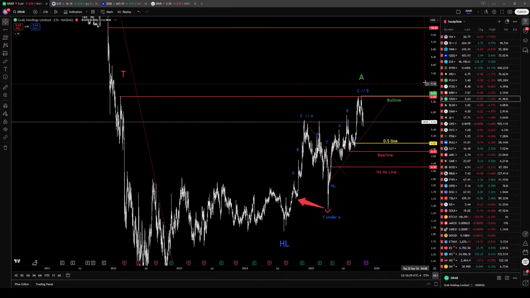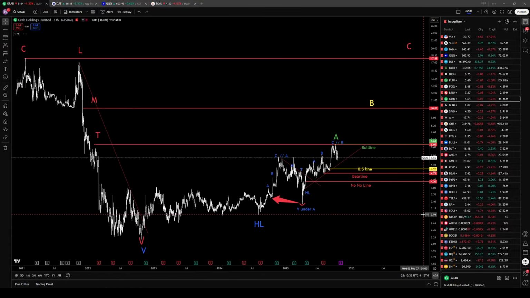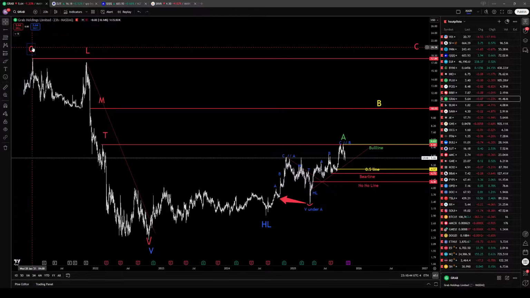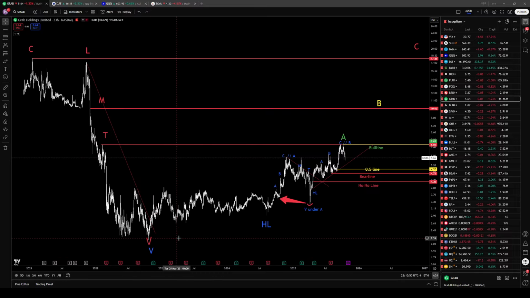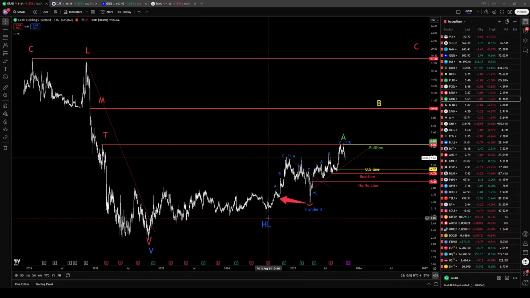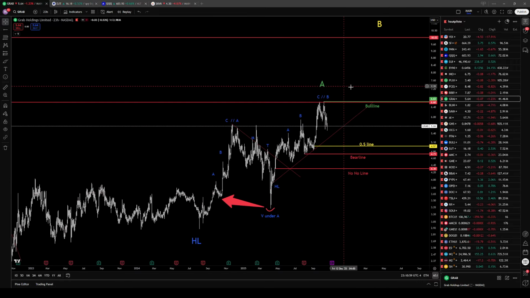Next one is Grab, Chinese company. Oh God, it will go to zero because of Trump. So you come from EC, perfect lower high, midpoint T, V, higher low, and for the case for Grab, we already did our A peak.